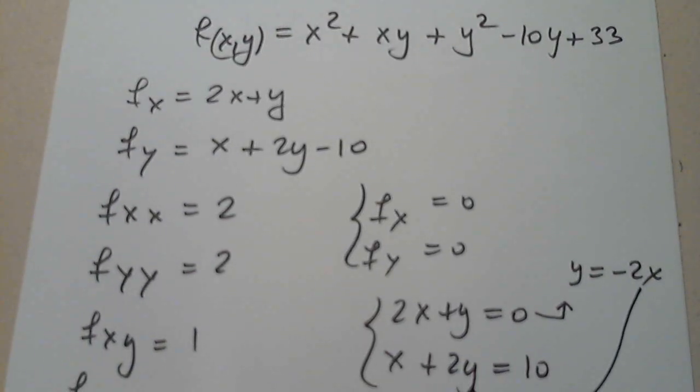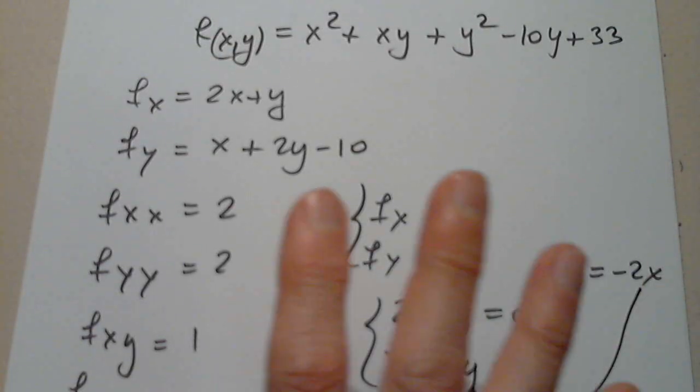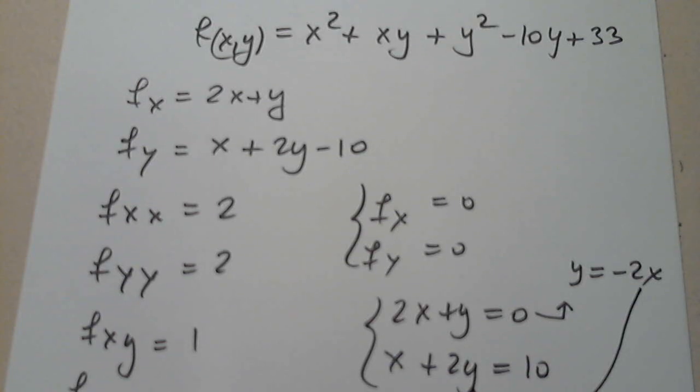Then we create a system. f_x equals 0 and f_y equals 0. 2x plus y equals 0 means y equals negative 2x. x plus 2y minus 10 equals 0 means x plus 2y equals 10. I replaced y by negative 2x.